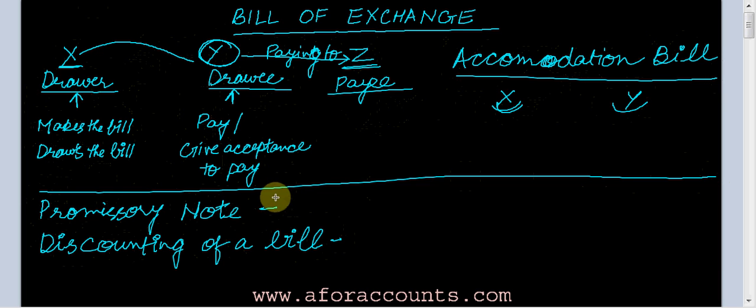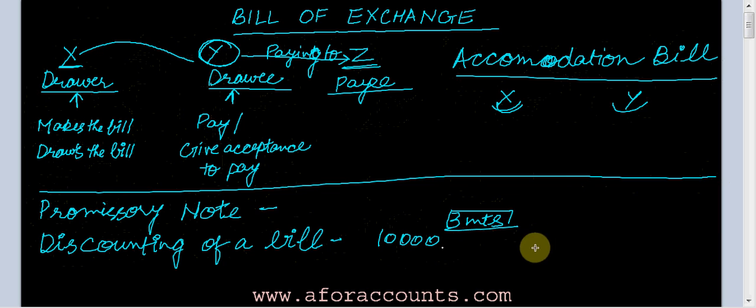Taking the amount from the bank before maturity. Say the bill amount is 10,000, and the bill has been made for 3 months. Now I cannot wait for 3 months. So what I do, I take this bill to the bank and tell the bank to discount it. The bank will charge some discounting charges, because the bank has to wait for the money for 3 months while I am getting it right now.